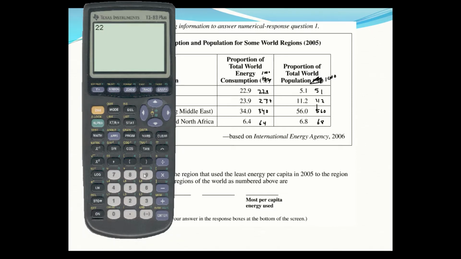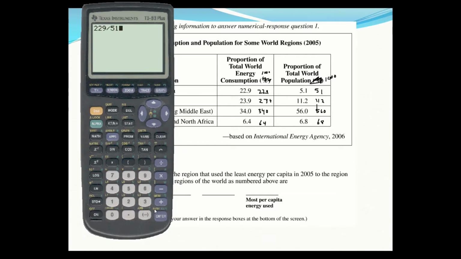So 229, and they have 51 people. That's what I get. I have 239, and then I have 112 people. That's what I get. I have 340, and I have 560 people. That's what I get. And then I have 64, and I have 68 people. And that's what I get.